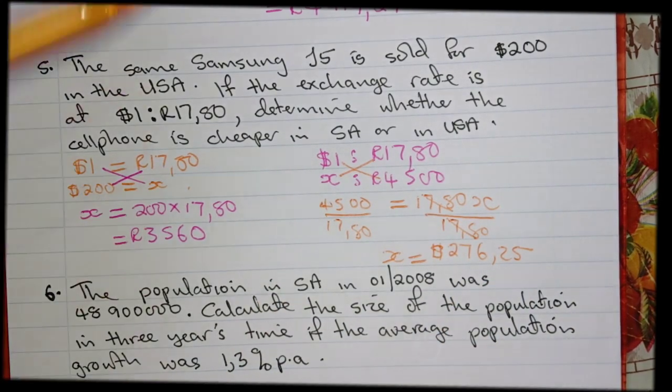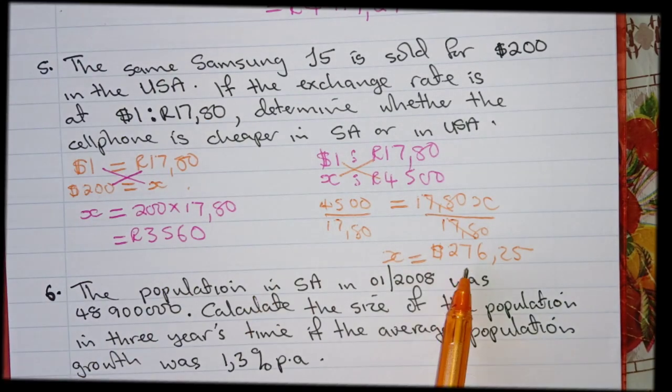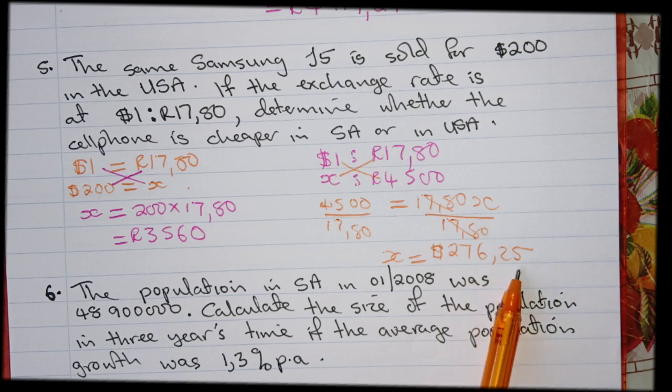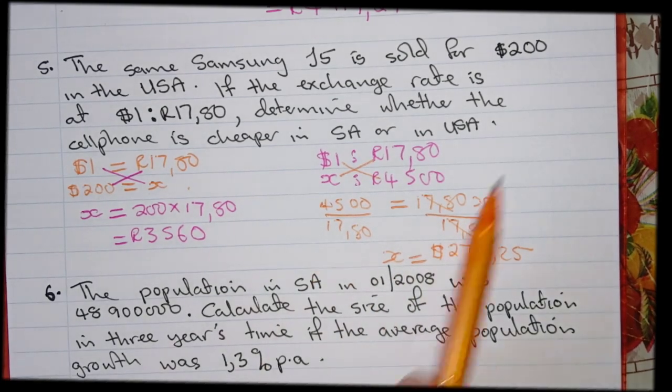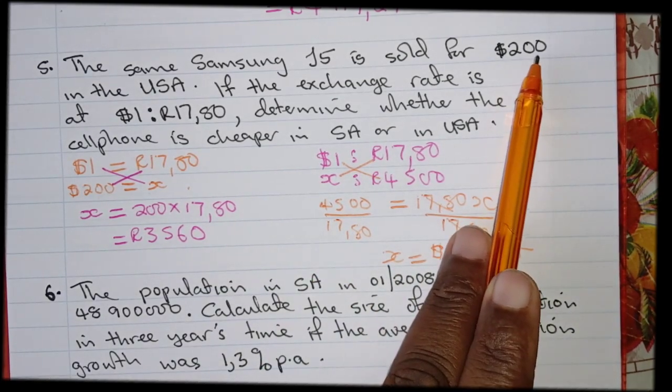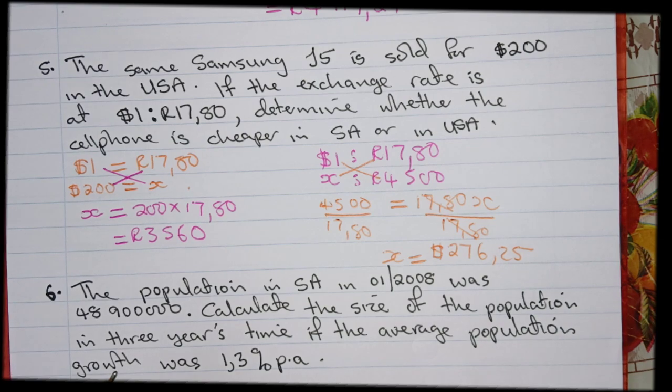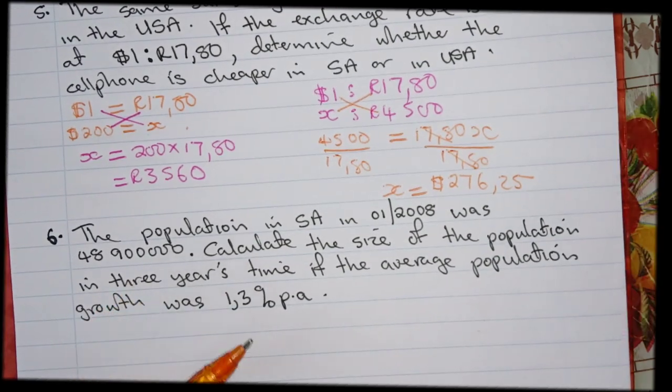So we are saying 4,500 rand is equivalent to $276.25. So that still tells us that the price of this phone in South Africa is much higher than the price of the phone in the USA. These are exchange rates.